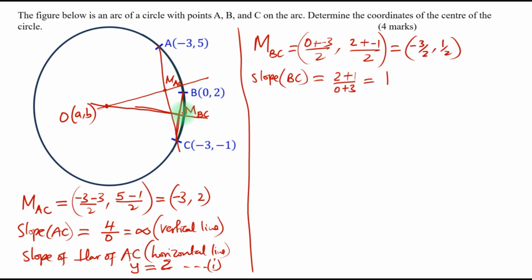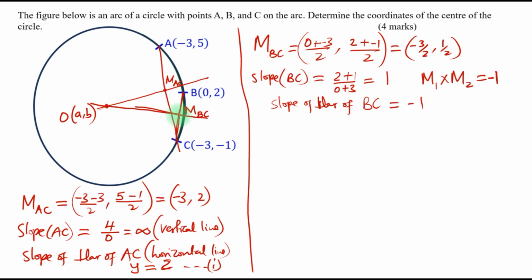If that is the case, now the slope of the perpendicular bisector of line segment BC will be, remember, a line multiplied by its perpendicular bisector, the product is always minus 1, and therefore the slope of the perpendicular bisector of BC is minus 1.